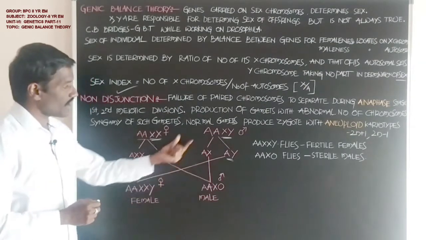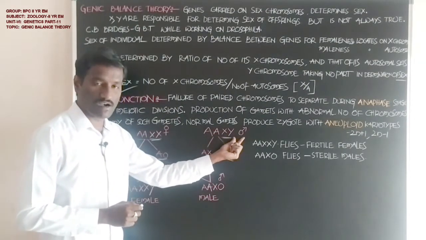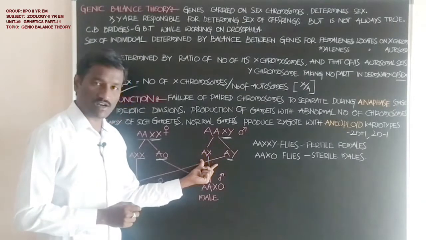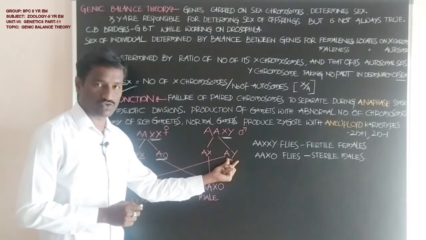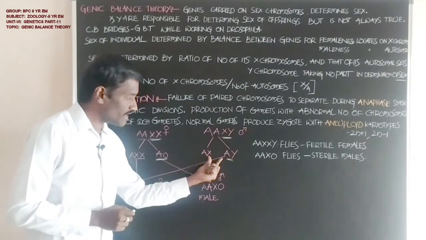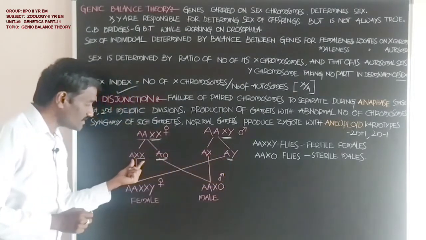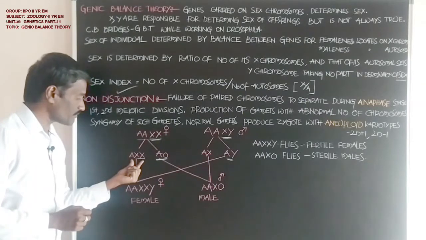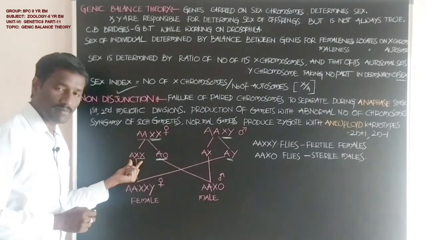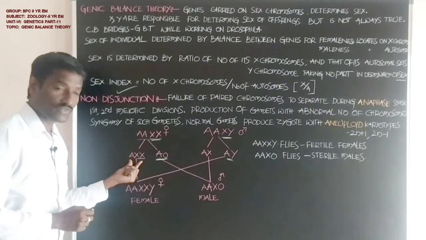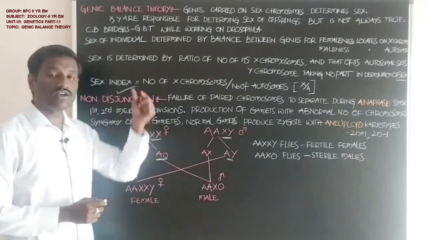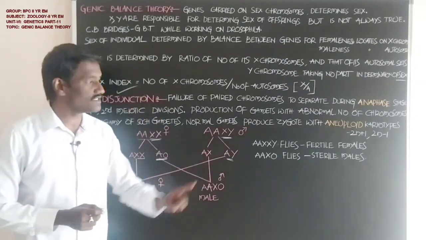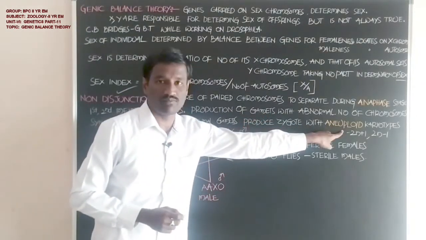The male Drosophila produces normal gametes, half with the AX chromosome and the other half with AY chromosomes. These normal gametes fertilize the abnormal gamete, for example the AXX complement, which leads to aneuploid zygotes.